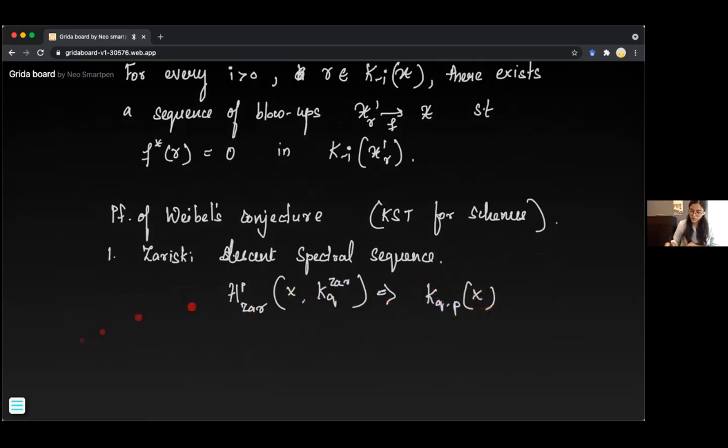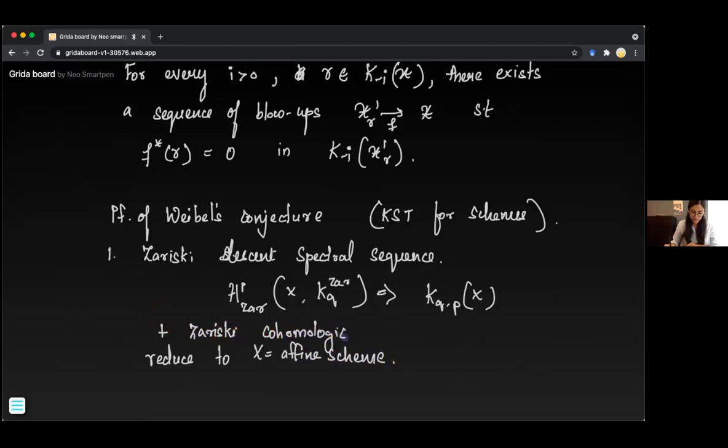You can reduce the problem to some local thing. So reduce to X equals some affine scheme. And for this, you'll also need the fact that the Zariski cohomological dimension is bounded by its Krull dimension.